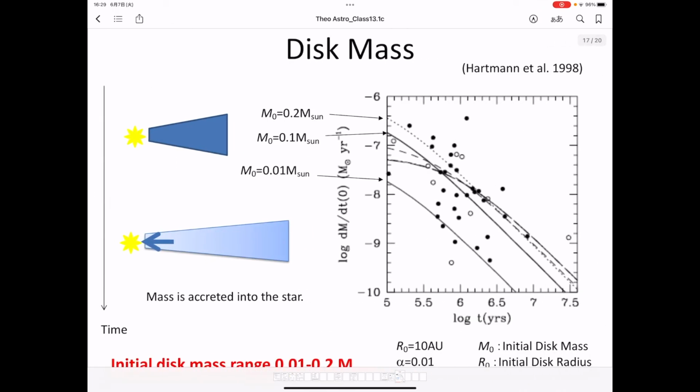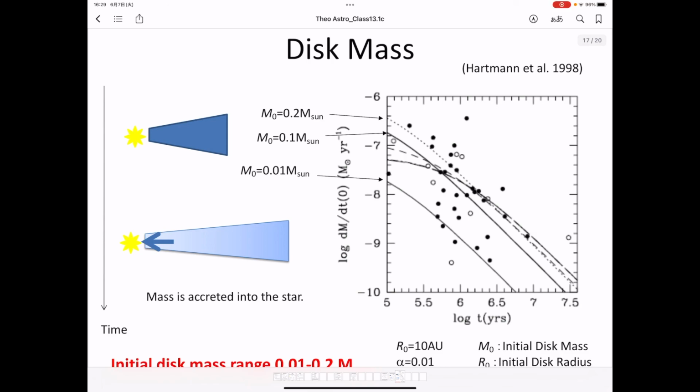We can also find the disk mass. The disk mass decreases with time because the gas migrates toward the protostar. By plotting the mass of the disk, we can estimate the initial mass of the disk. From these figures, the initial mass of a disk ranges from 0.01 solar mass to 0.2 solar mass.